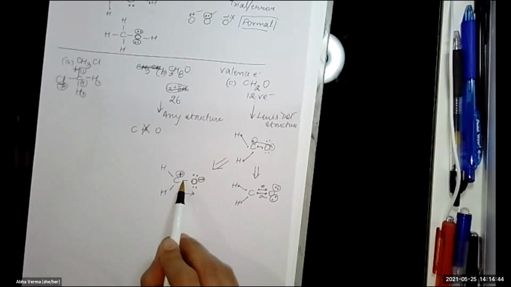How many bonds is oxygen making? 1. Both of them are not completely satisfying the number of bonds that they can make. So remember we were talking about this. Carbon makes 4 bonds, oxygen makes 2 bonds. And here, 1 bond is less for both of them.